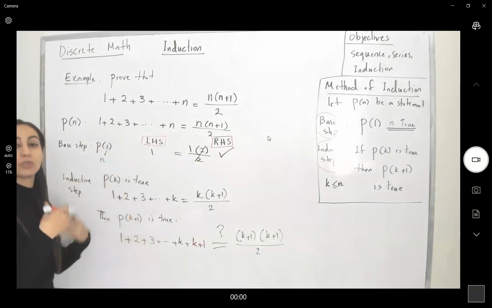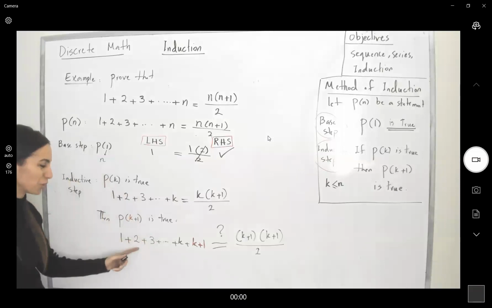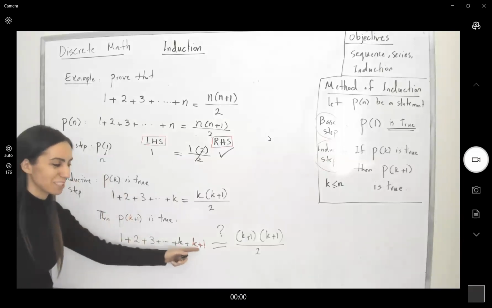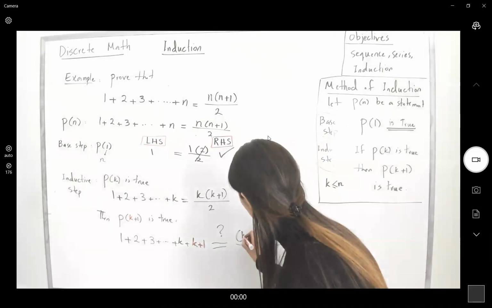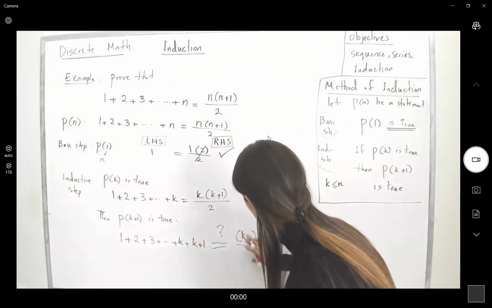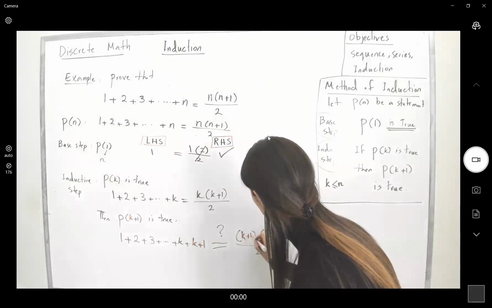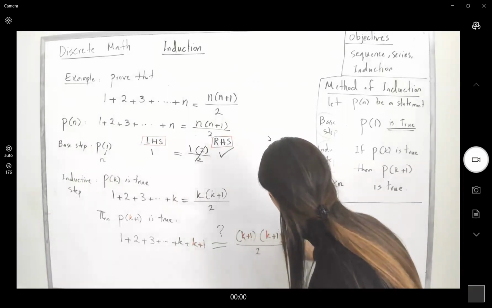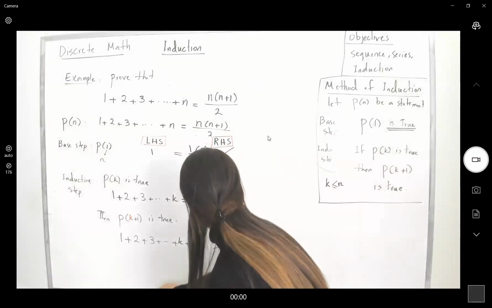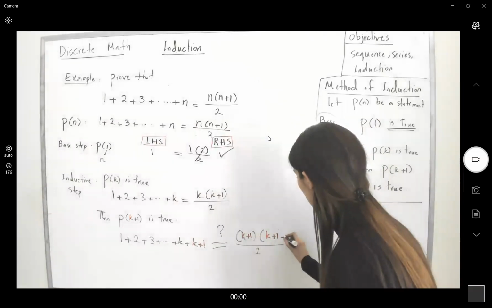After k, you get k plus 1. 1 plus 2 plus 3 up to k plus 1 is equal to (k plus 1) times (k plus 1 plus 1) divided by 2. How do we show that?